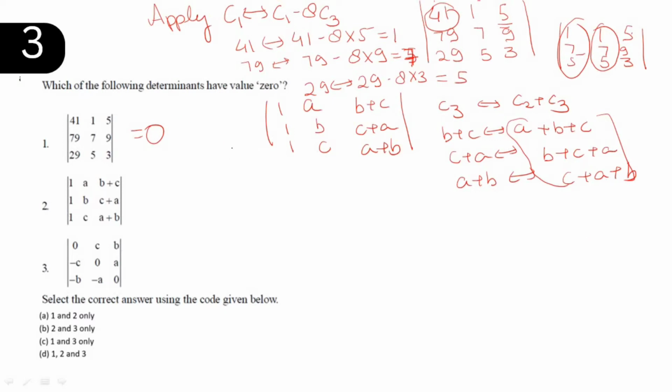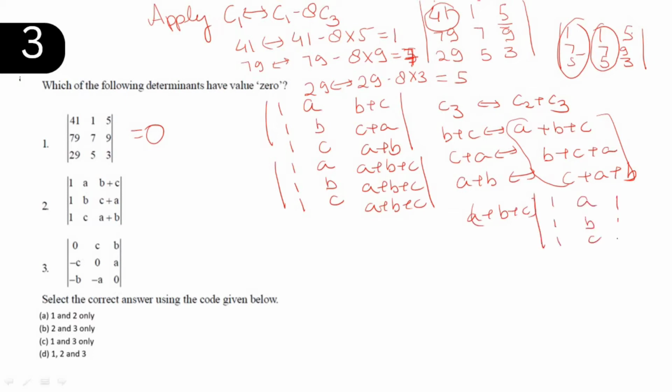So our new determinant becomes 1, 1, 1; A, B, C; A plus B plus C, A plus B plus C, A plus B plus C. We can take A plus B plus C common. What is left here is 1, 1, 1; A, B, C; 1, 1, 1. So again we see that row 3 and row 1 are the same. So the value of this determinant is again 0.